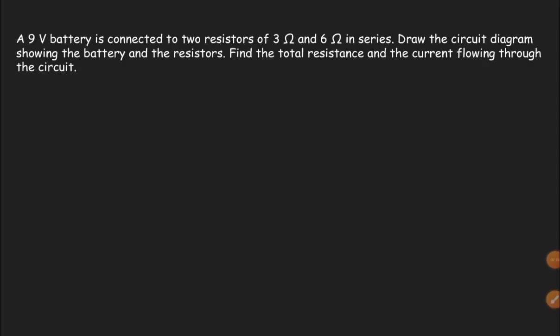A 9 volt battery is connected to 2 resistors, 3 ohms and 6 ohms in series. First, we are supposed to draw the circuit diagram, find the total resistance and the current flowing through the circuit. So we should be able to draw. So a battery, a 9 volt battery.